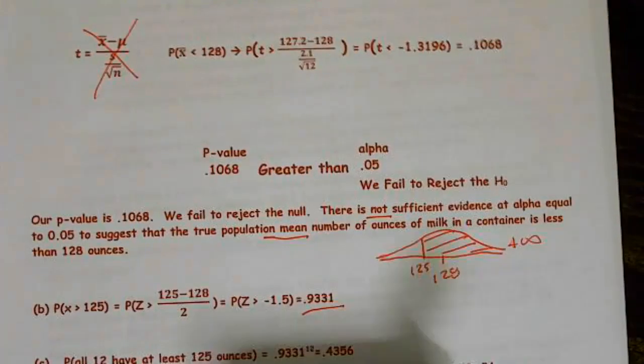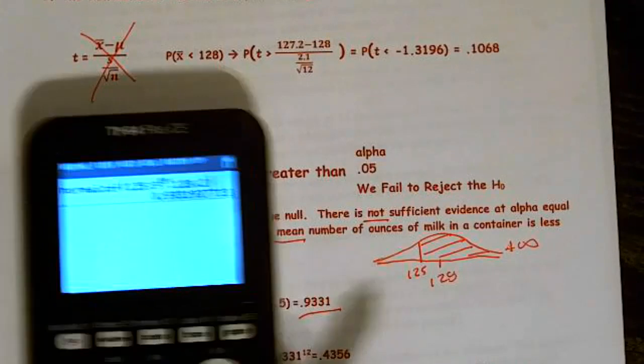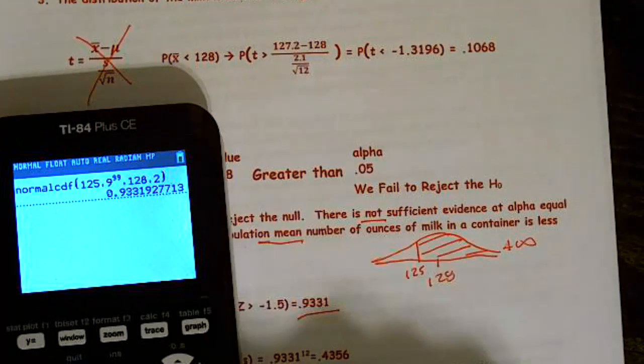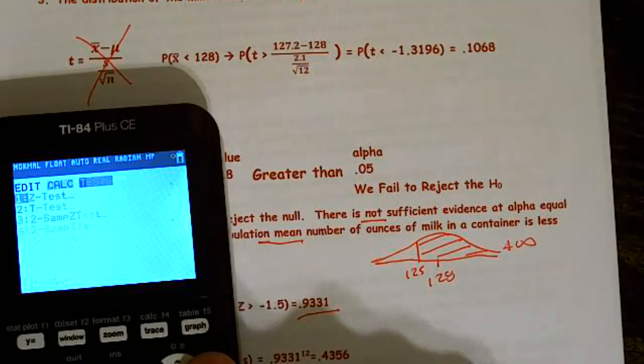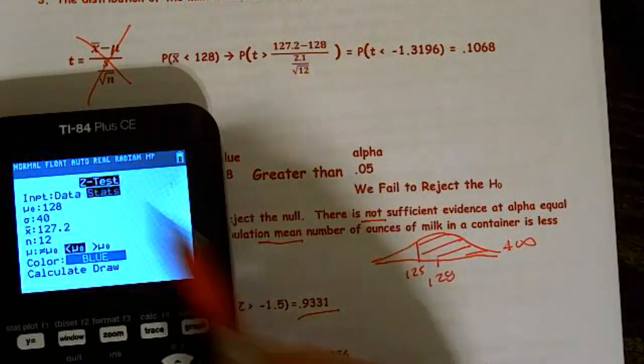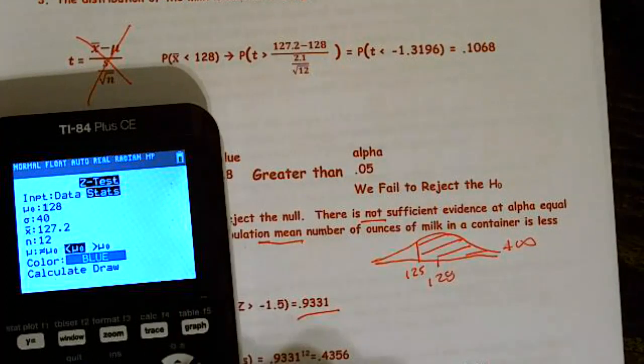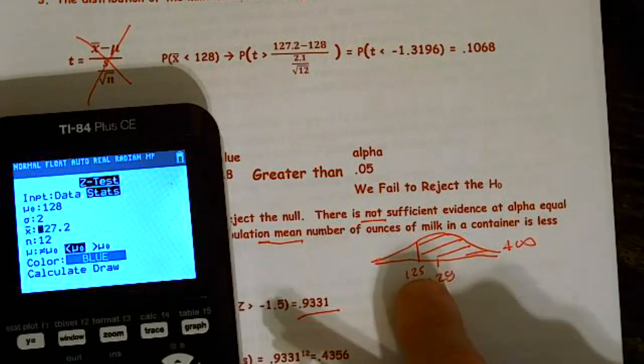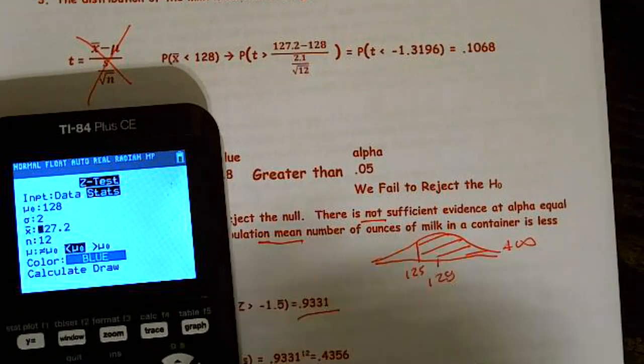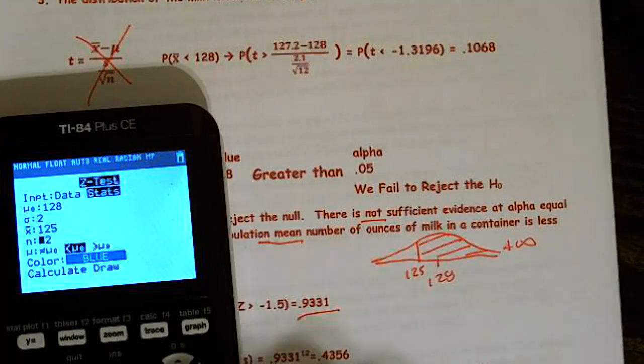So to get my Z-score and my probability, I would have gone STAT, TEST, Z-Test, and my mean happens to be 128, my standard deviation happens to be 2, my X bar, it's really an X, is 125, and my sample size is 1.